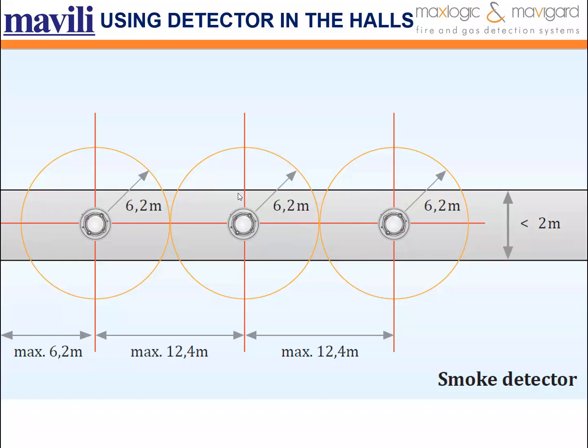How about using smoke detectors in hallways and corridors? Again, the width should not exceed 2 meters. Only the points close to the corridor center line should be taken into account, and if the smoke detectors are placed at 12.4 meter intervals, the distance to the wall should be maximum 6.2 meters.